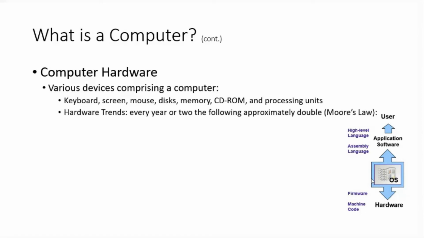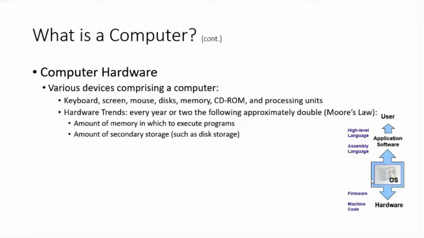Then there is a law known as Moore's law. Depending on the hardware trends, every year or two the following approximately double. The amount of memory in which to execute programs, that is the RAM, random access memory, approximately doubles. Then the amount of secondary storage, such as the hard disk capacity, almost doubles every year or two.